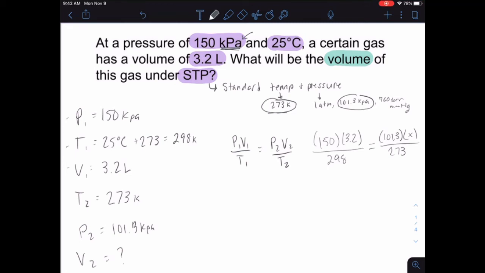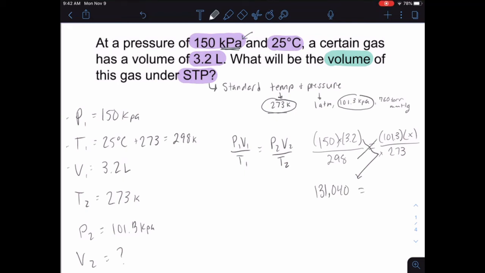You're going to take the 150 times 3.2, and then we're going to multiply it by 273. And that number gives us 131,040. And we're going to set that equal to, and we're going to cross multiply here.